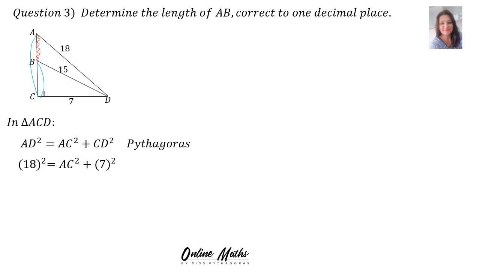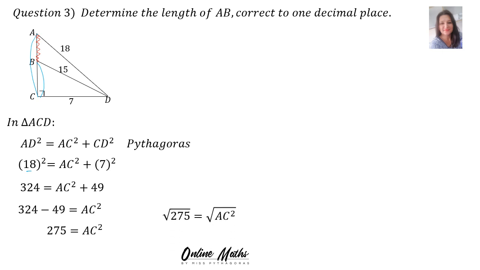AD is 18 squared equals AC squared, that's what we want, plus CD was given 7 squared. 18 squared means 18 times 18, which is 324, equals AC squared plus 7 squared, which is 49. Let the 49 walk across. 324 minus 49 is 275, equals AC squared. So we'll take the square root both sides, and we end with AC is 16,6. So this whole length is 16,6.